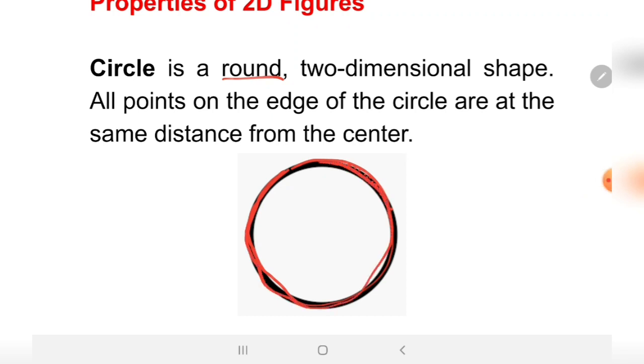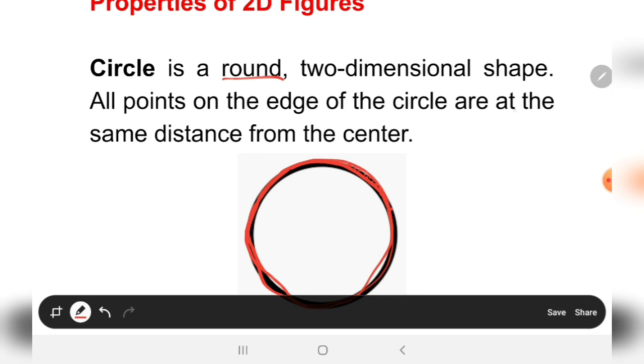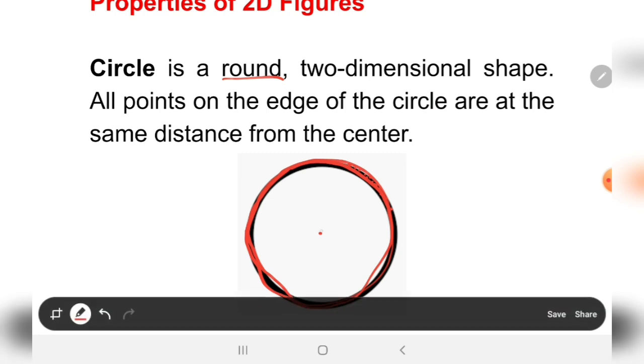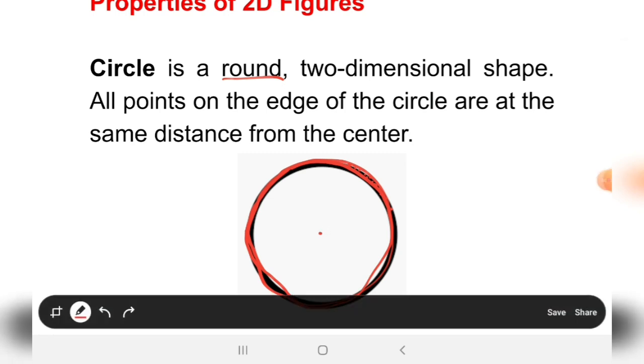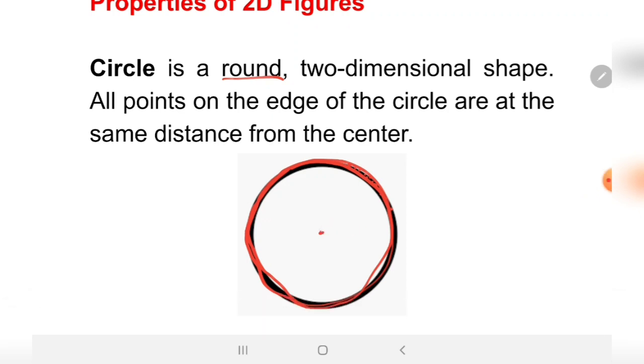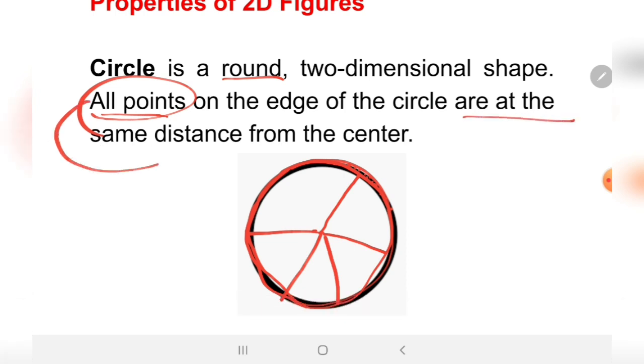This is the edge of the circle. The edge consists of many points. All points on the edge of the circle are at the same distance from the center. If we have here a point, this is the center of the circle. If we draw a line segment from the center to the edge, and I put many line segments here, all points are at the same distance.